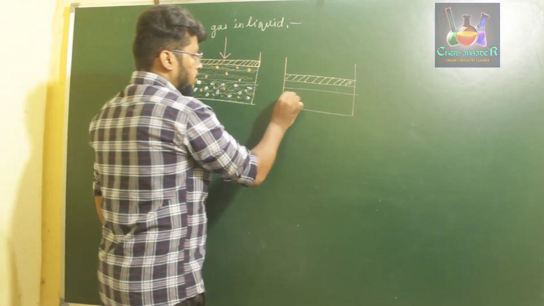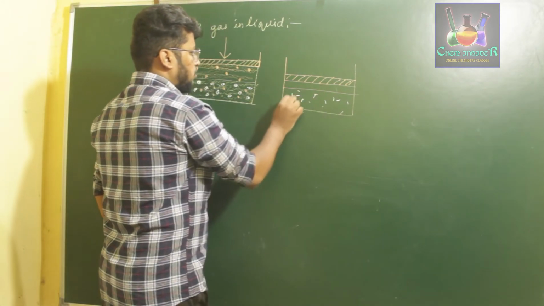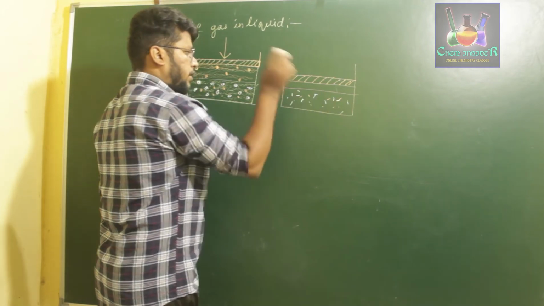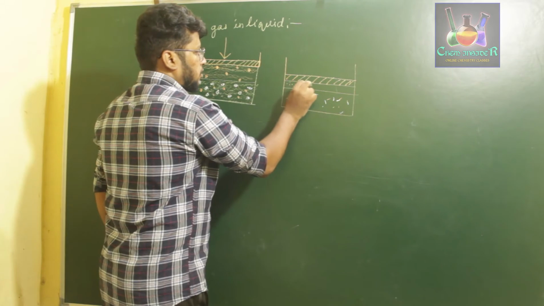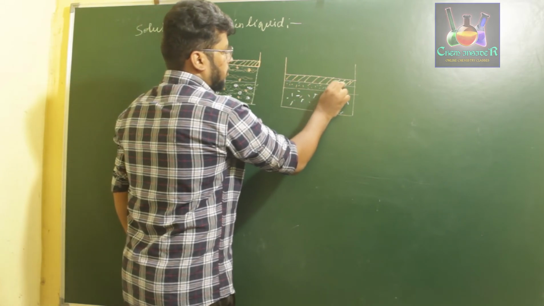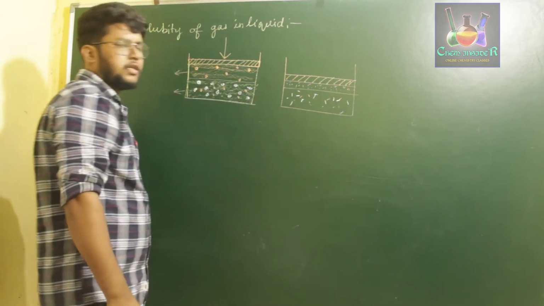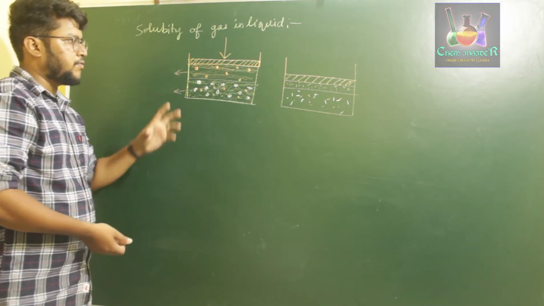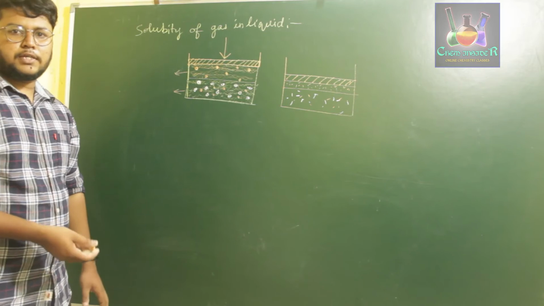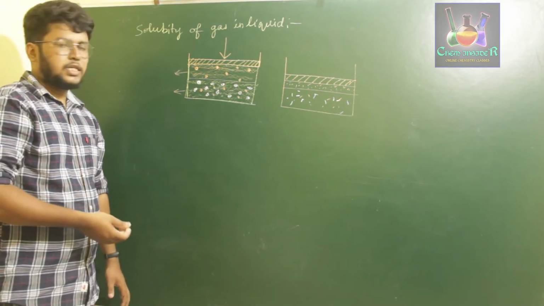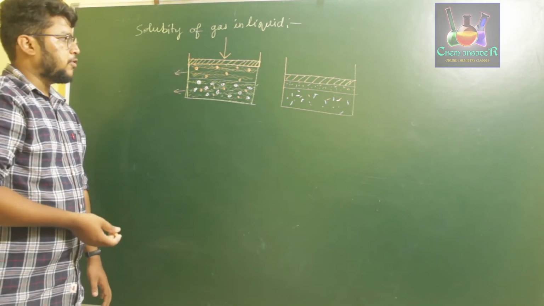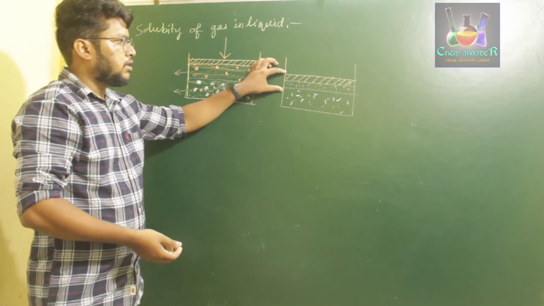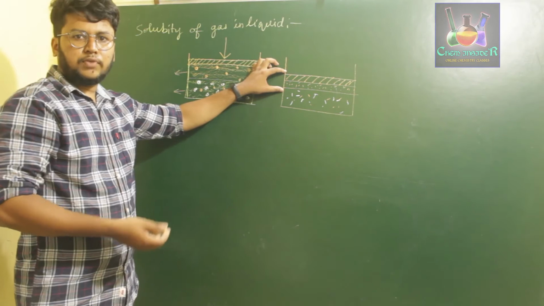If this is the water molecule and these are the gas molecules which are already dissolved, now the concentration of gas molecules increases with decrease in volume, right? So once you apply pressure and decrease the volume, the number of particles present per volume of a gas increases.